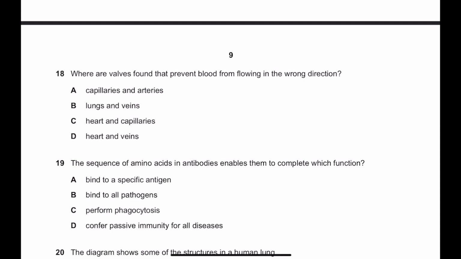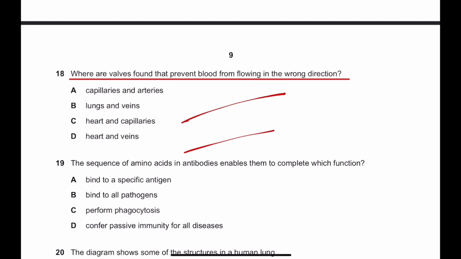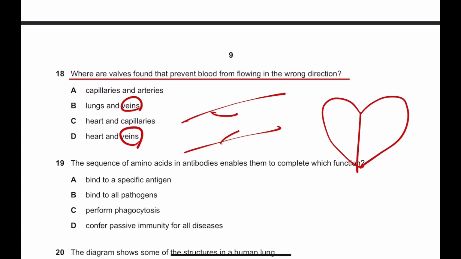Number 18. Where are valves found that prevent blood from flowing in the wrong direction? So the valves are found in veins because they have big lumen, they have lower blood pressure. So veins contain valves, and there are valves in the heart as well.